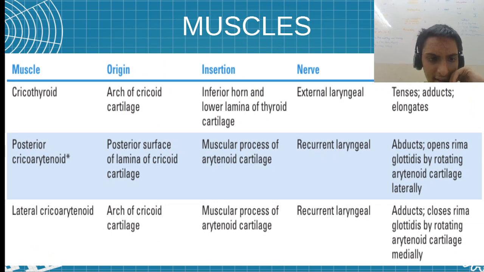Right. Let us start now. Cricothyroid. From the name you can guess the origin and insertion. Cricothyroid: cricoid, arch of cricoid, into where? Thyroid, into the lamina of thyroid. Then posterior and lateral cricoarytenoid. First posterior. This will also come from the same cricoid, from the posterior surface of cricoid, and inserts into the muscular process.